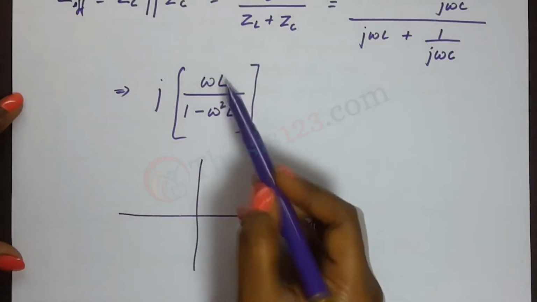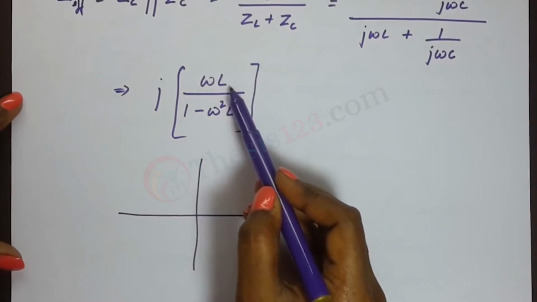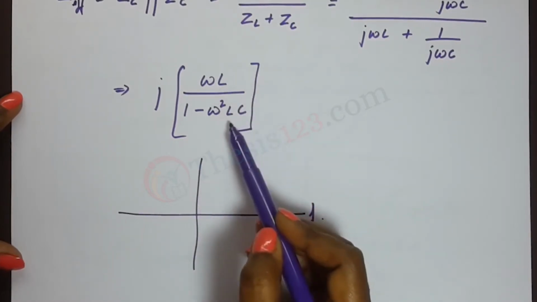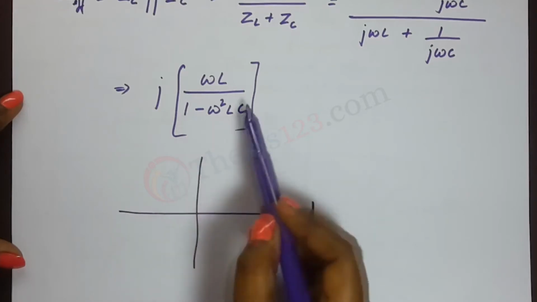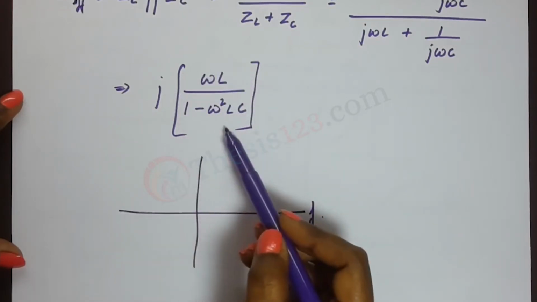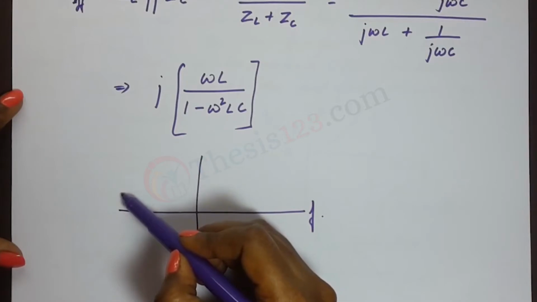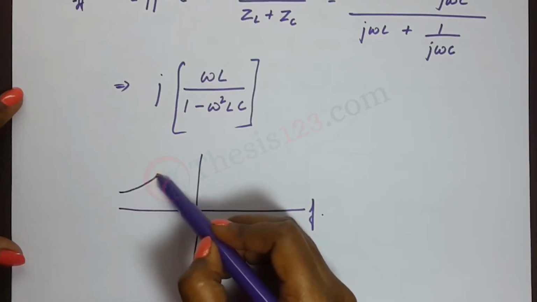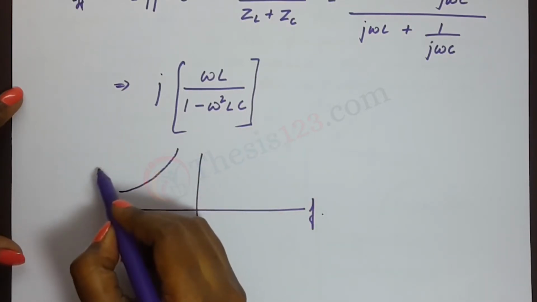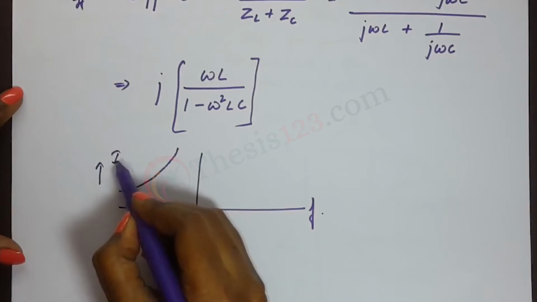Because of the expression given here, we have inductance in the numerator and we have both inductance and capacitance in the denominator, which is obviously less than 1. Now this expression here is non-negative. So we will have our waveform or our expression show an increase first this way, which resembles our inductance.